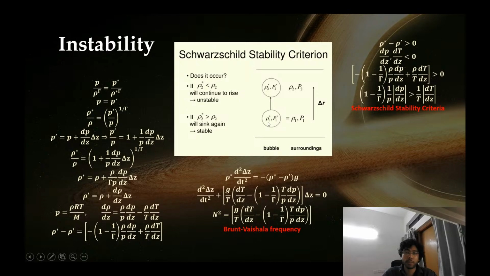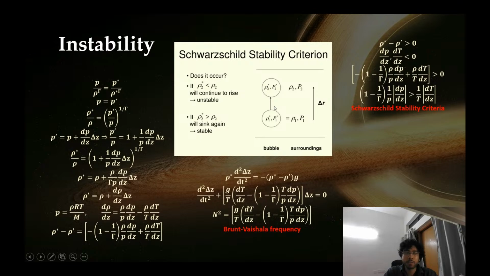We displace this bubble to the higher position, which has surrounding density rho 2 and pressure p2, adiabatically, such that P by rho to the gamma is constant from here to here.